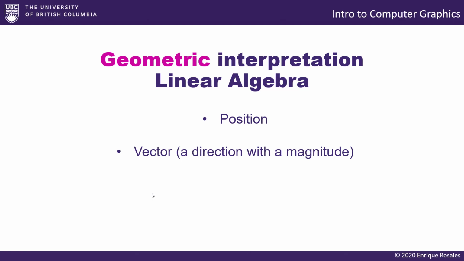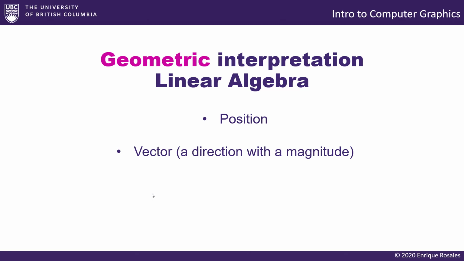And in linear algebra, a vector is a direction with a magnitude. If we were talking about the physics perspective, it would be a force with a magnitude and direction. But we are not physicists, so here we are just talking about a direction with a magnitude.